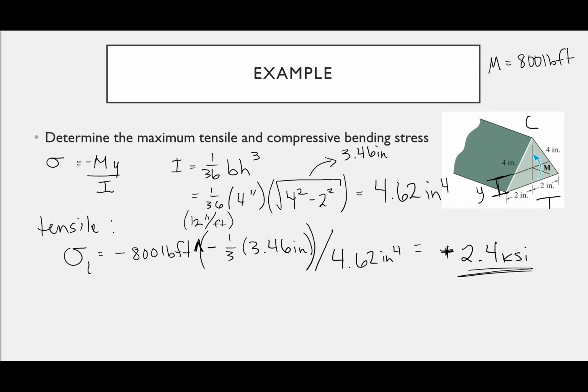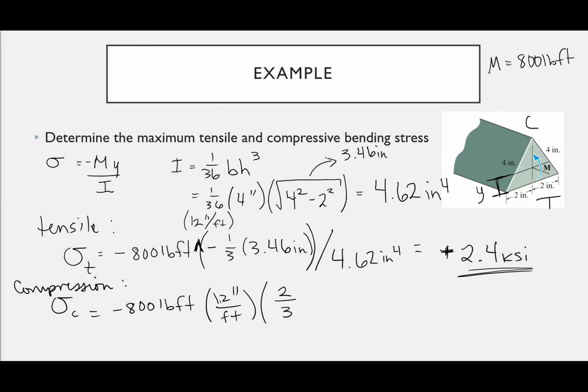Okay, so that is our tensile. For compression, the moment is negative 800. Let's multiply it by 12 before we forget. Now it's a positive Y, and it's multiplied by 2/3. That's the distance to the top of the triangle.